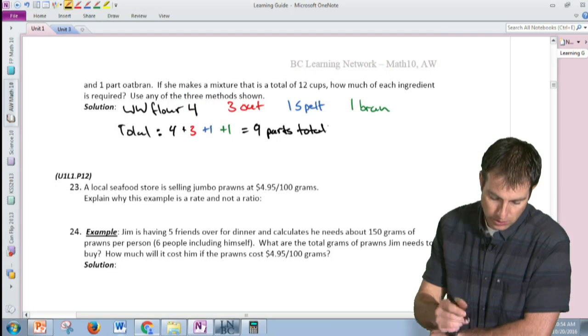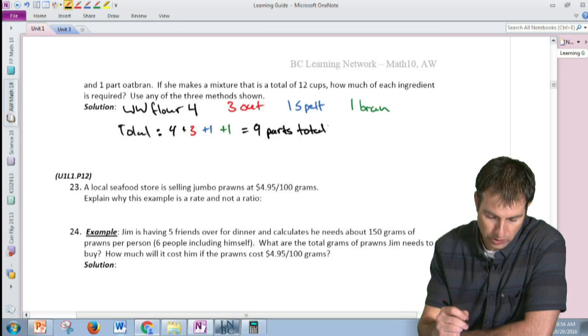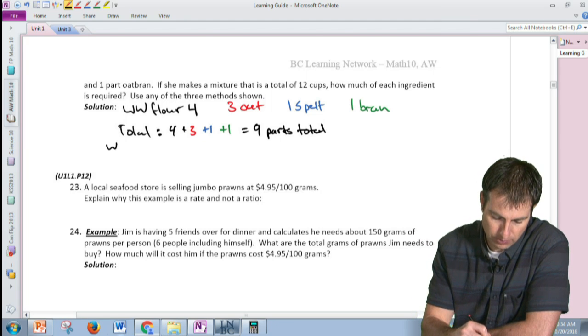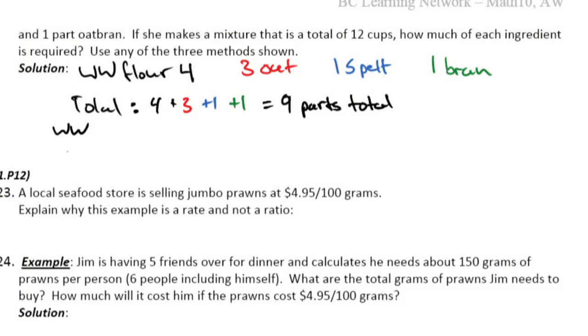All right, let's look at this whole wheat flour. We have WW, we got some oat, we got some spelt, and we have some bran. Sounds like some pretty healthy stuff. Let's figure out the ratio for each of these.